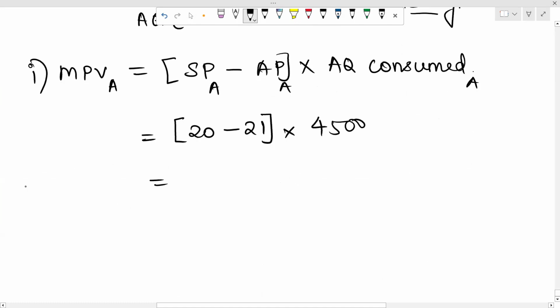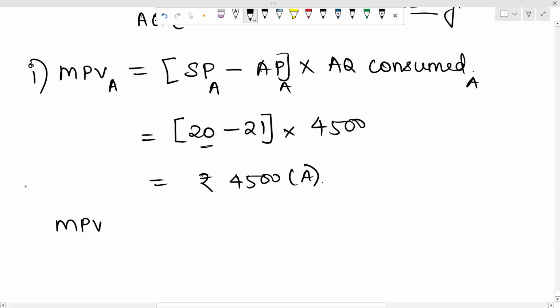So we get negative 4,500 because 20 minus 21 is minus 1 into 4,500. But instead of writing it as negative 4,500, we can write it as 4,500 rupees adverse. And why is it adverse? Because we expected to purchase raw material A at rupees 20 per kg, but actually we ended up purchasing it for rupees 21 per kg. We paid extra 1 rupee, so it is an adverse variance.